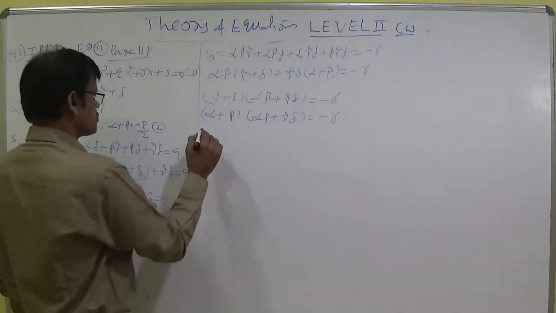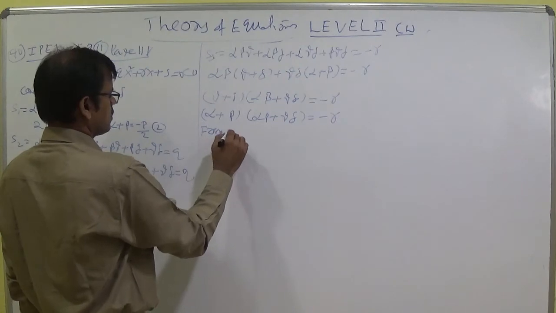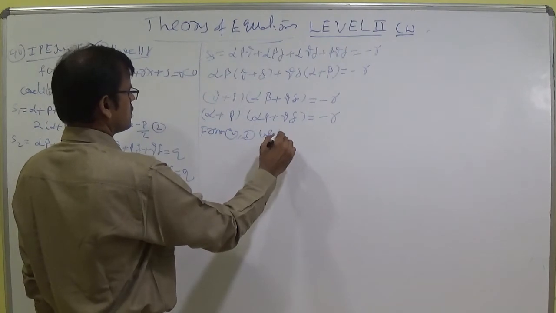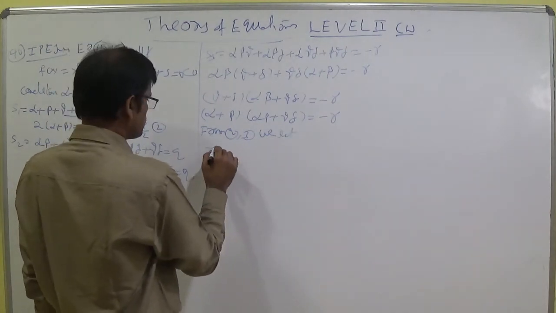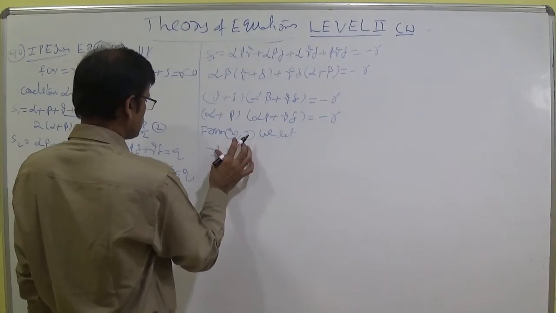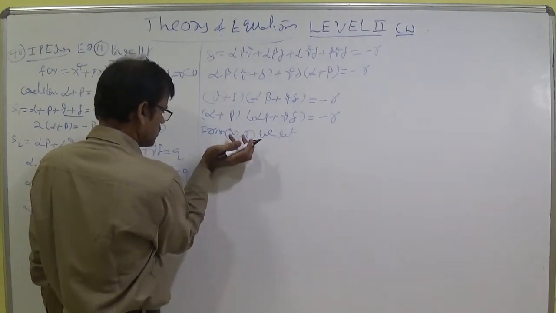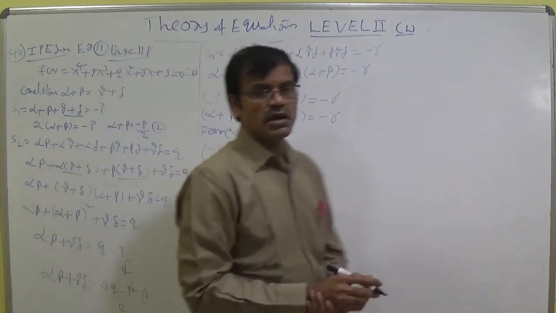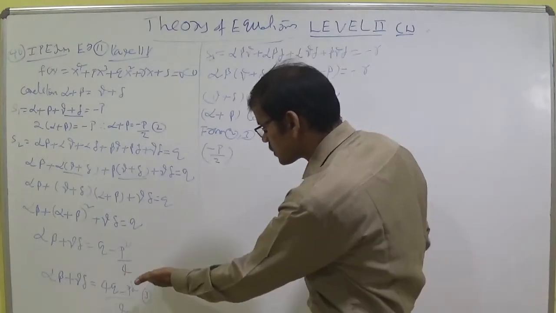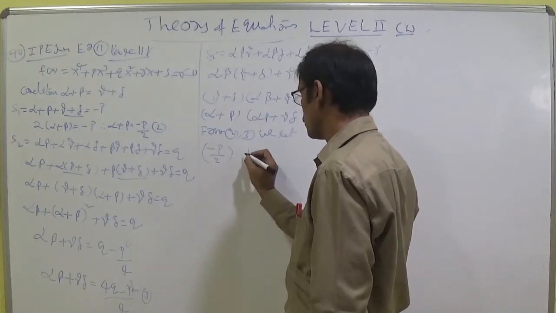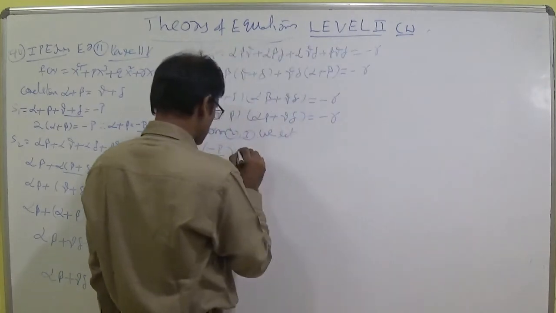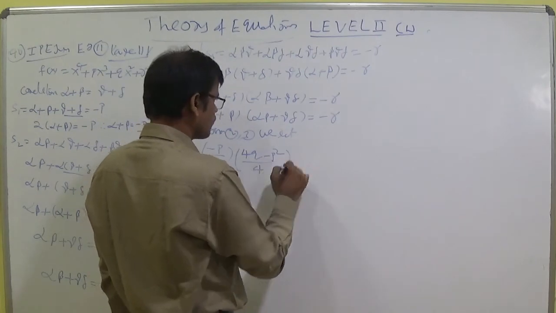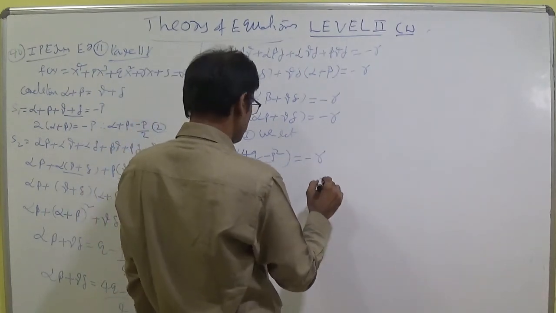Now from 2 comma 3 we can write. From 2 comma 3 we get alpha plus beta meaning minus p by 2 and alpha beta plus gamma delta meaning 4q minus p square by 4. 4q minus p square by 4 is equal to minus r.